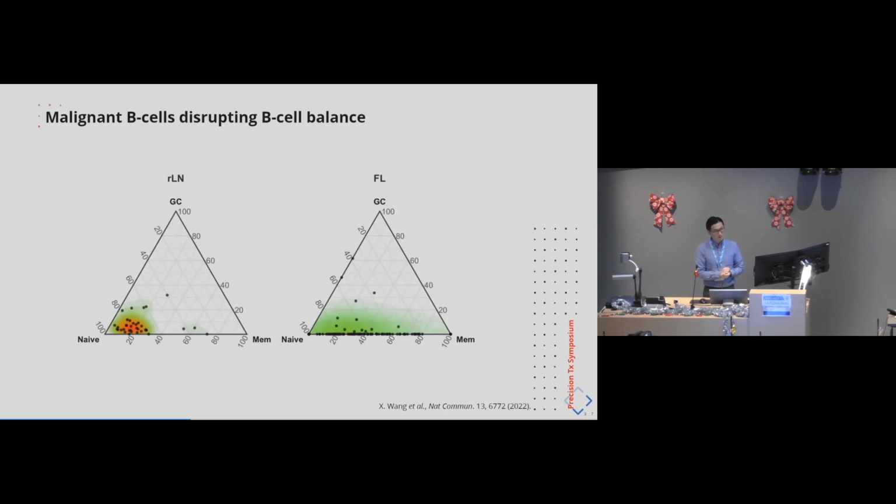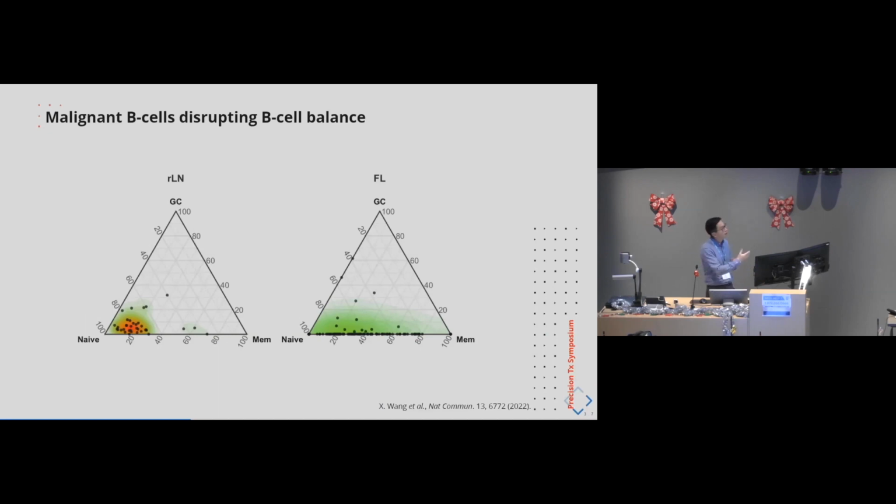Each dot represents a patient, and the location of the dot inside the triangle tells the composition of naive, GC and memory cells. In the reactive lymph node samples there is a comparatively large amount of naive B cells, around 15 to 20% memory B cells, and around 10% GC B cells. So they have a very consistent composition in the reactive lymph node.